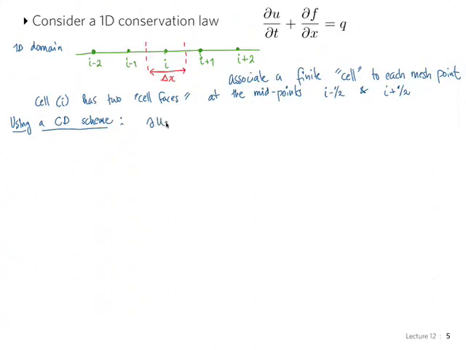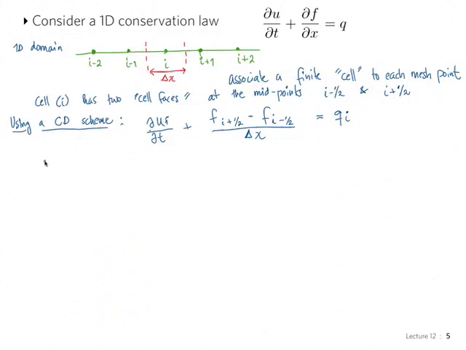We could write du_i/dt plus, using a central difference, f at the midpoint I plus 1/2 minus f at I minus 1/2, and the spacing between these two is delta x, equal to q_i. That would be a central difference using the midpoints.